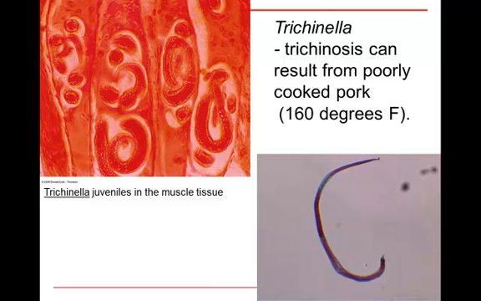The third and final parasitic nematode that we're going to talk about, you just simply have to know it as the pinworm. Pinworms are the nematode that most people are probably infected with. About 1 in 6 adults probably have pinworms.